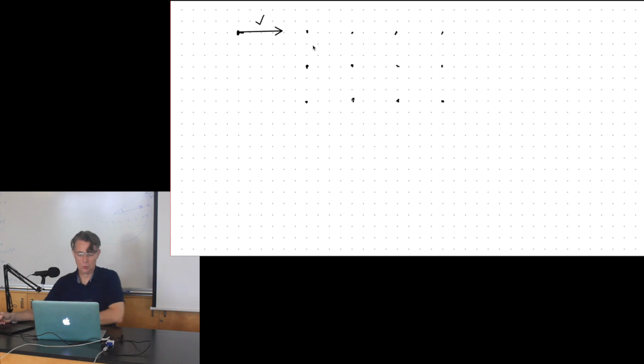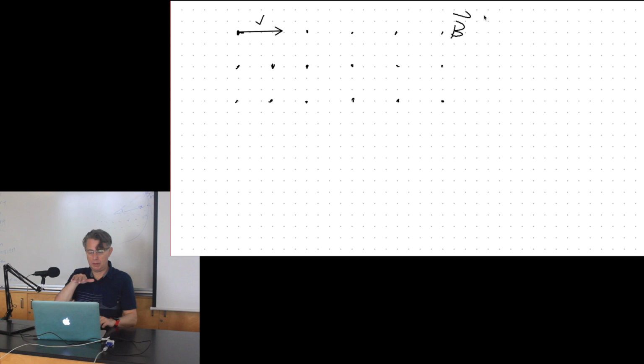Okay, so what we say here is, there's still B's here. If these are B's right here, out of the page, out of the screen, and then the velocity that way, which way is the force?